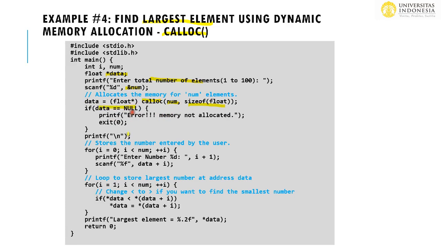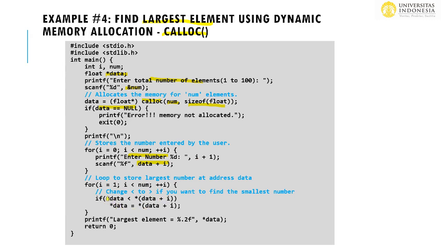If the data is null, meaning that the memory is not enough, or there's some problem in the memory allocation in your compiler. Then you just enter the number of the data using scanf and data plus I here as the variable for data entry, and after that you exchange one to another.